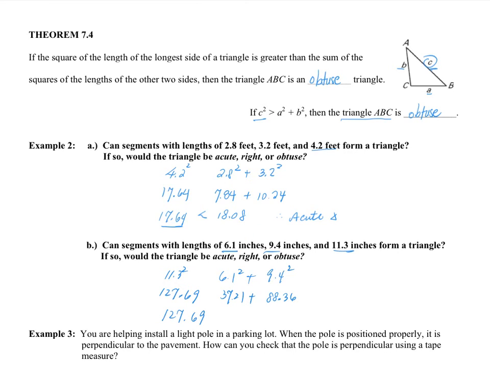And if we add these two numbers up, we get 125.57. And it appears that the square of the longest side is greater than the sum of the squares of the lengths of the other two sides, so we can conclude that this is an obtuse triangle.